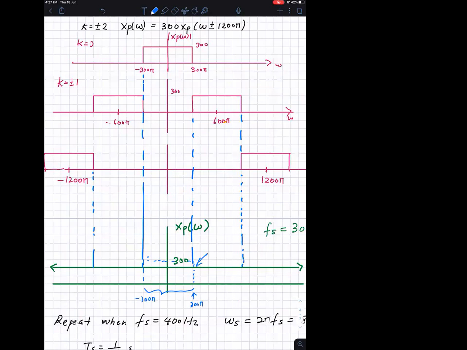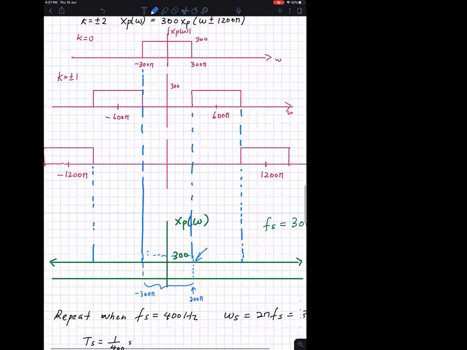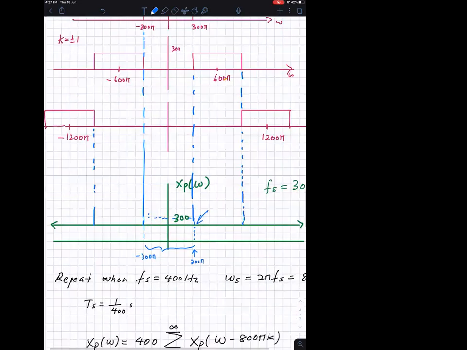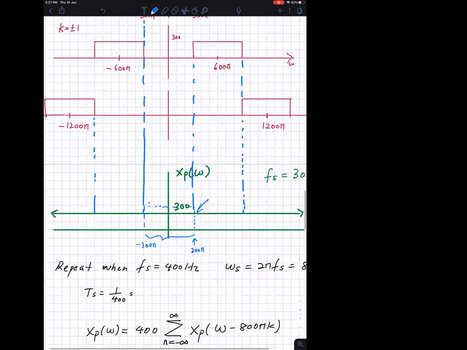But if you increase the sampling frequency to 400 hertz, is it 400 hertz that we increase the sampling frequency to?